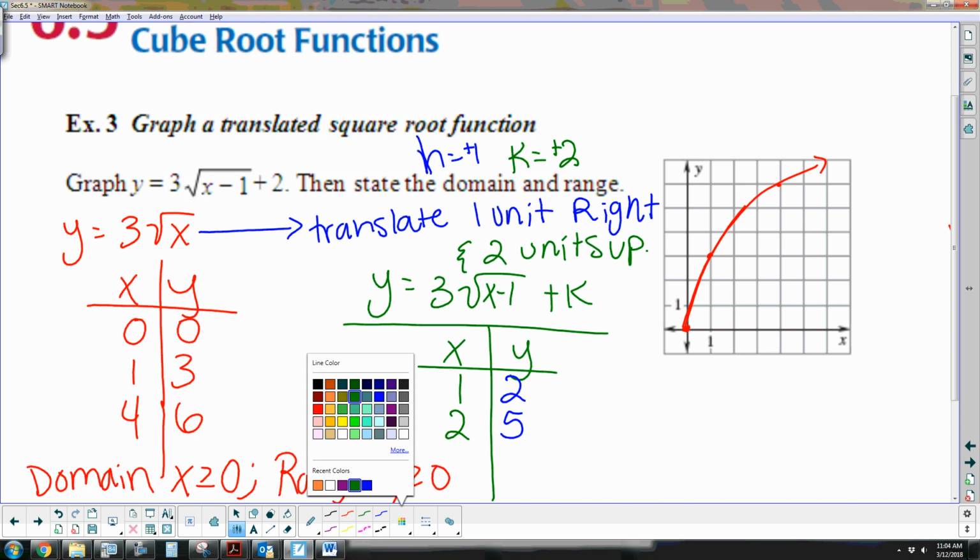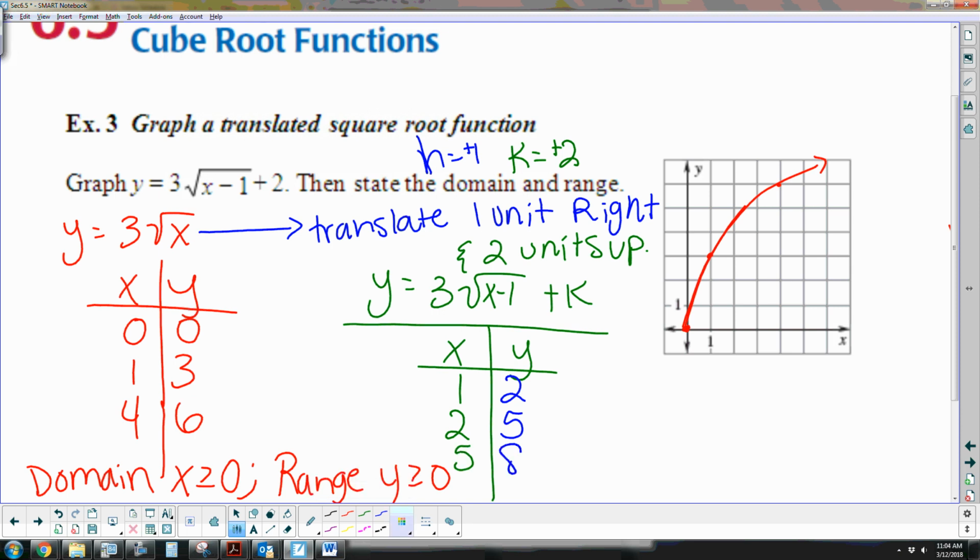And then lastly, (4, 6) becomes (5, 8). That's 1 unit to the right, so we're adding 1 to our x value, and it's 2 units up, so we're adding 2 to our y value. So now if we graph this function, 3 times the square root of x minus 1 plus k, which actually our k is 2, so I should write 2 here.